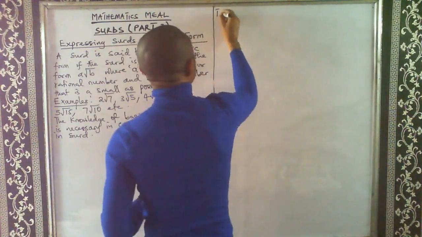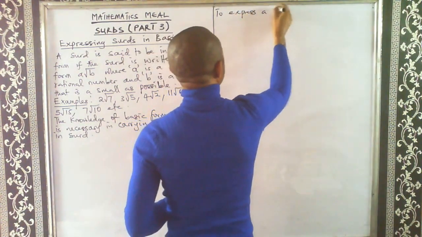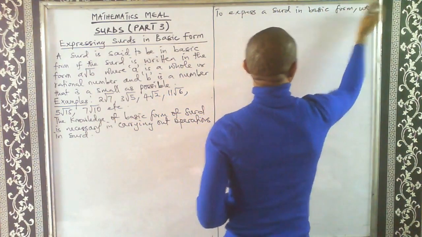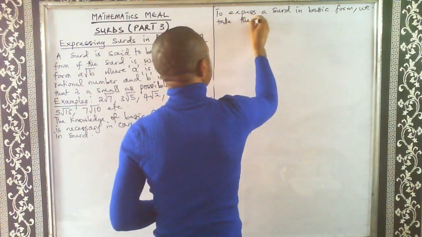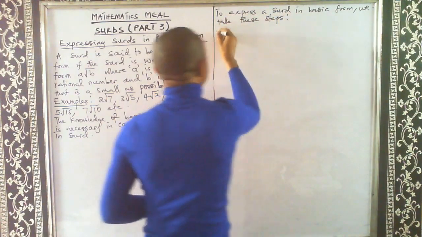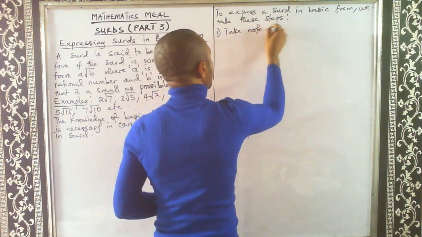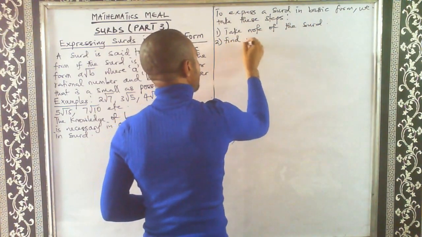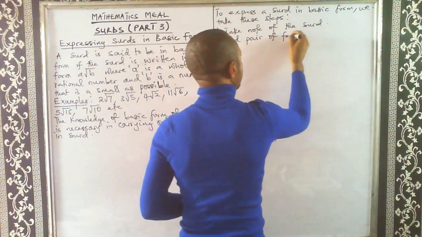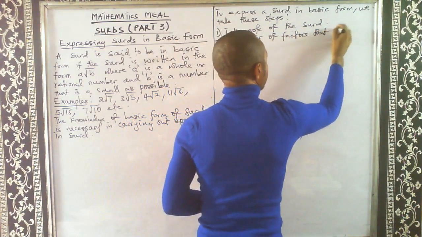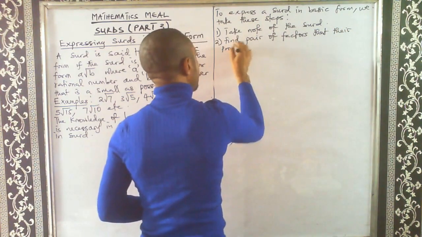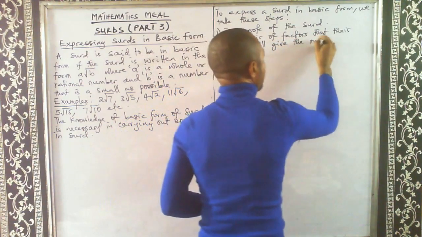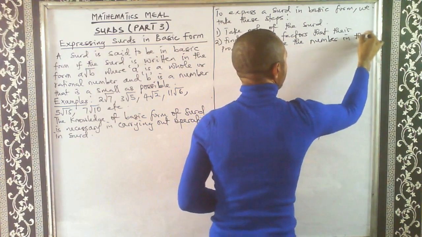So quickly, to express a surd in basic form, we take these steps. 1, take note of the surd. 2, find a pair of factors whose product will give the number in the surd.